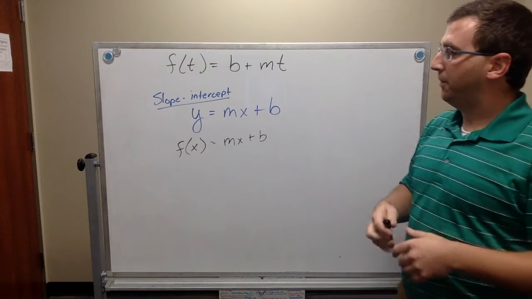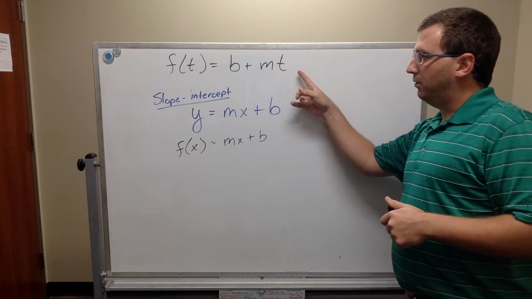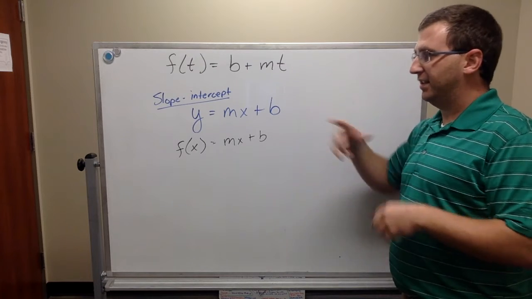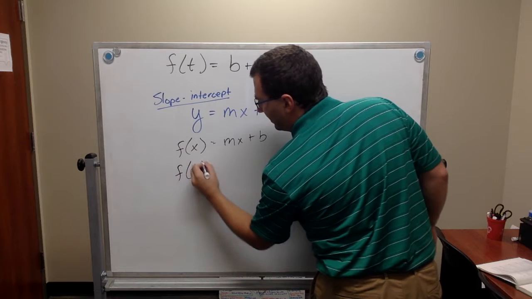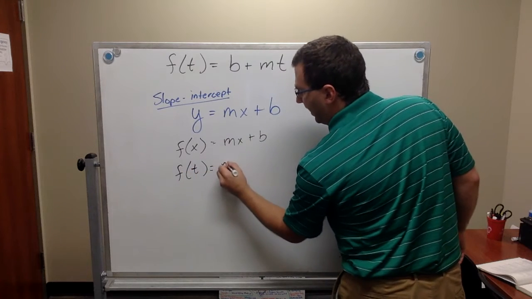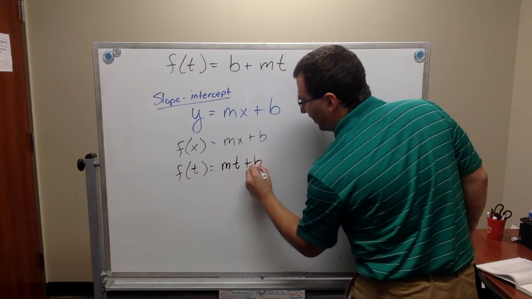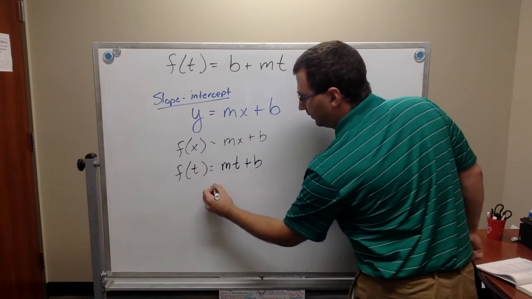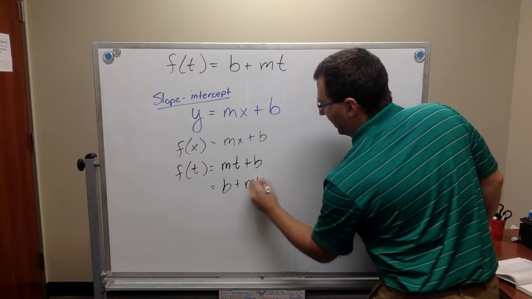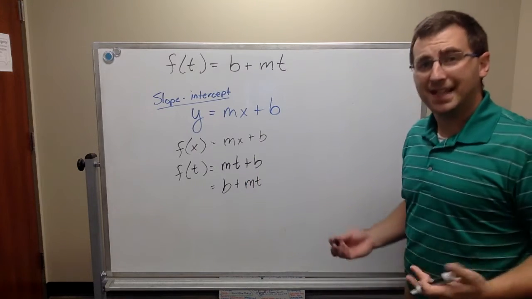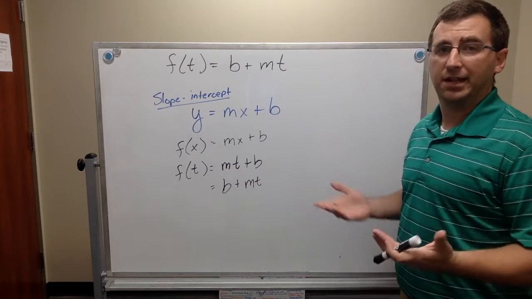Okay? So if you wanted to rewrite this as this, well, instead of having x, we would have a t, and this would be mt plus b, or, switch it around, b plus mt. Okay, it's the same formula, you're just using different letters.